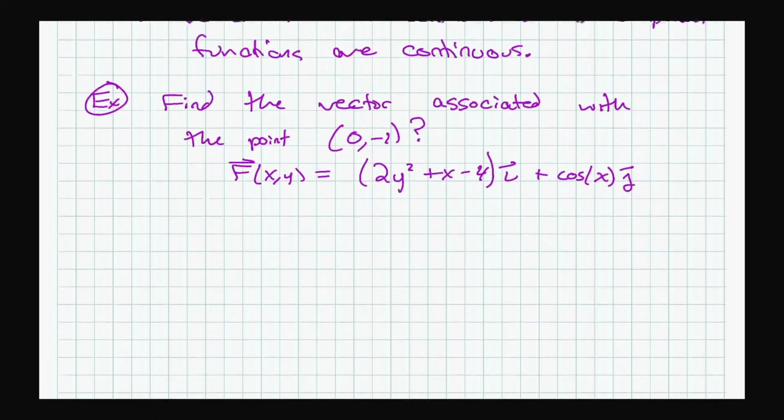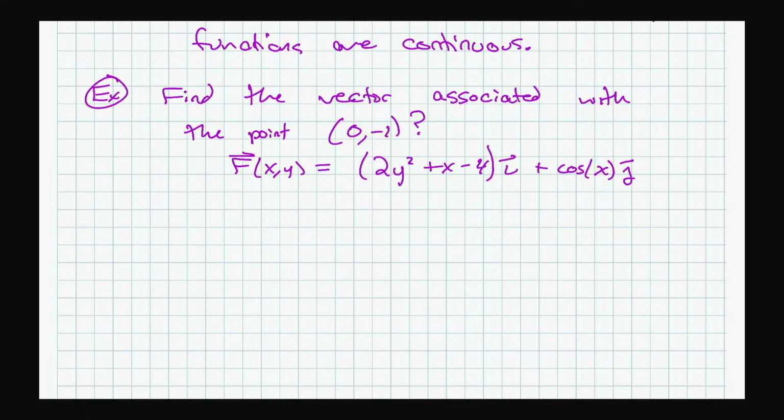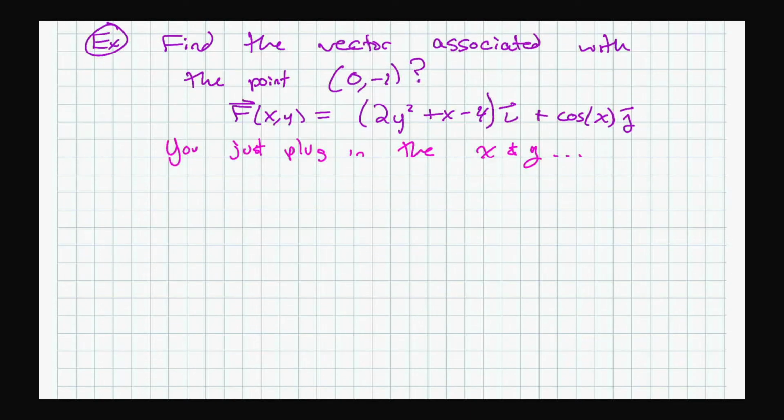Okay, so this is just as easy as you probably think it is, right? You just literally plug in the number for x and y. So super easy. You just go F of (0, -1), because that's the point they're asking for.